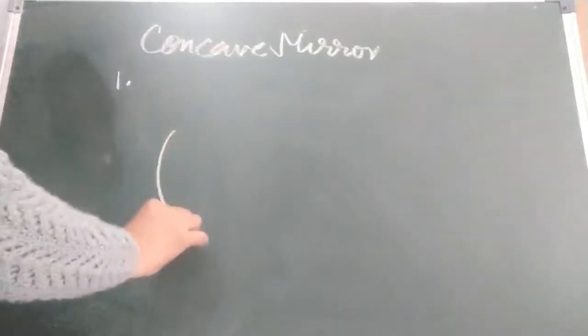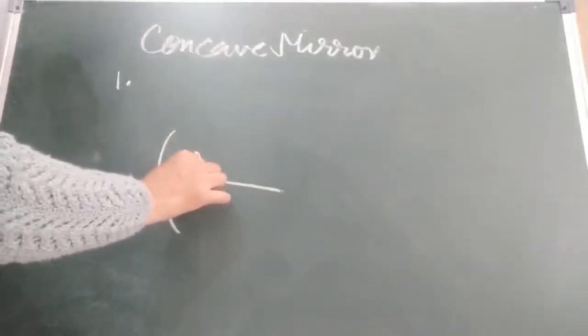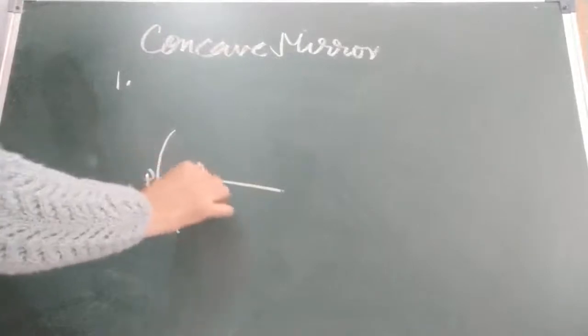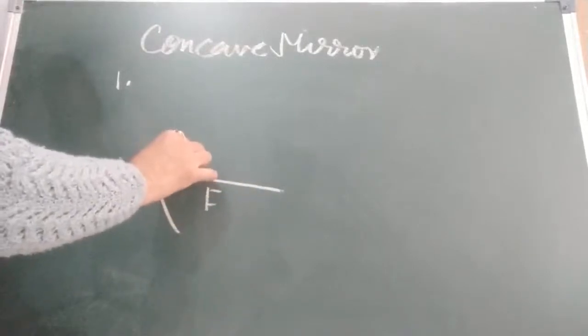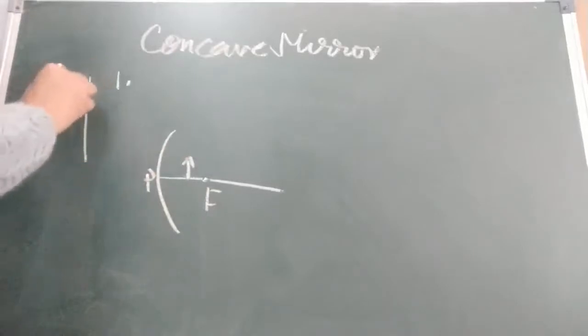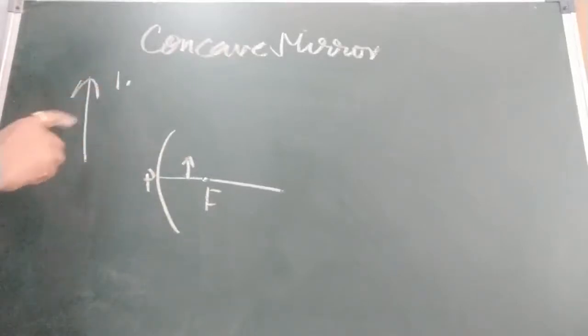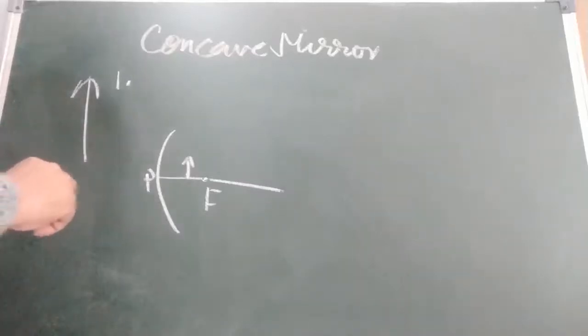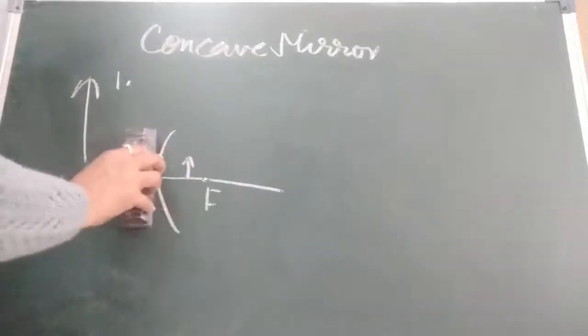Children, one position, as we have discussed, when the object is placed between F and P, a very big virtual image is formed. We can see this image in the mirror itself. So this is used as shaving mirror and dentist mirror.